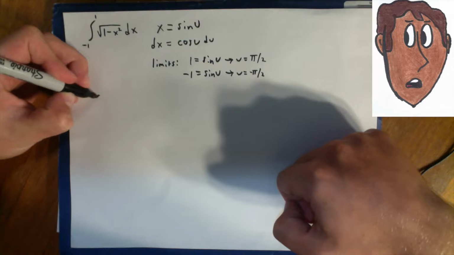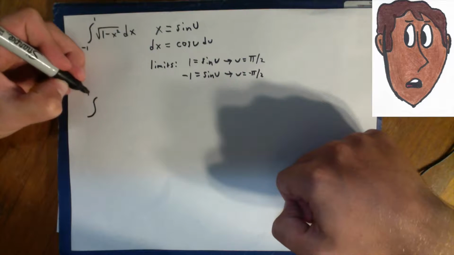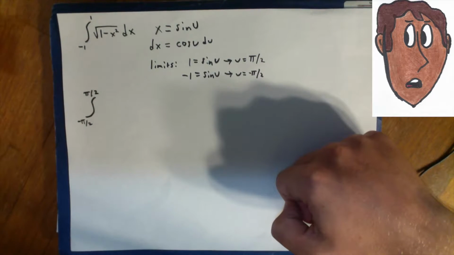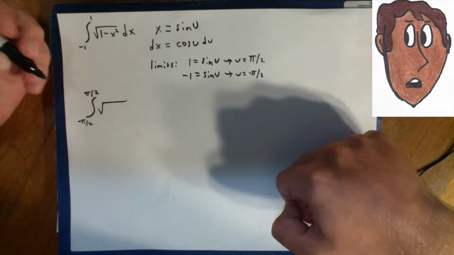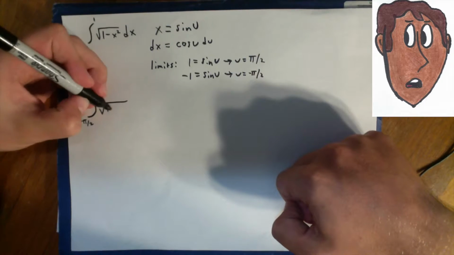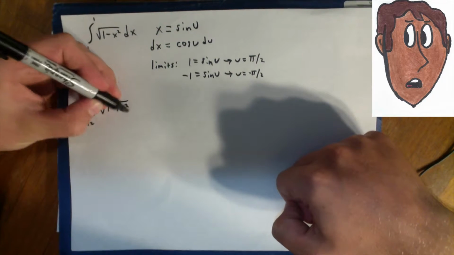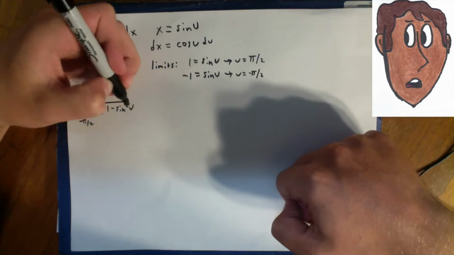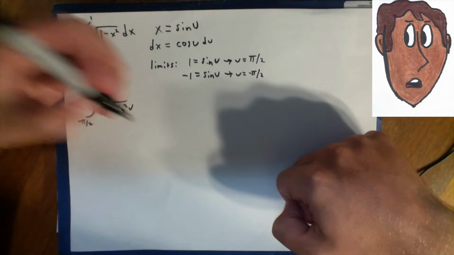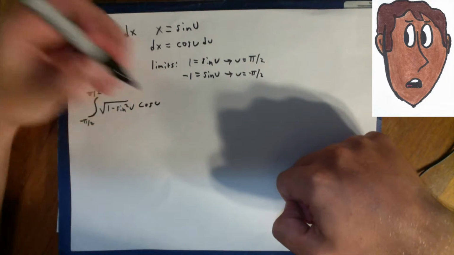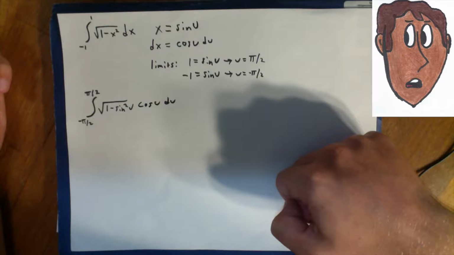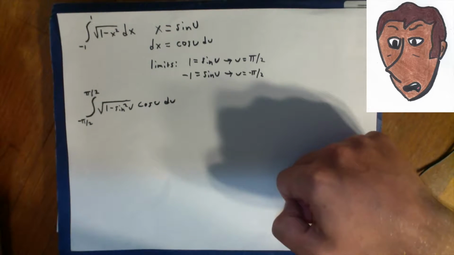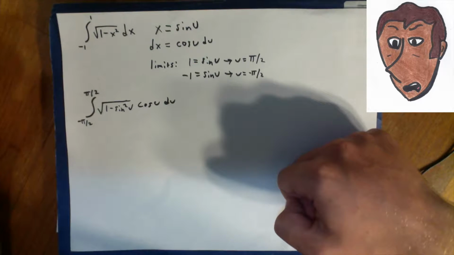We have the integral from -pi/2 to pi/2 of the square root of 1 minus sine squared u, and to replace the dx term we have cosine of u du.